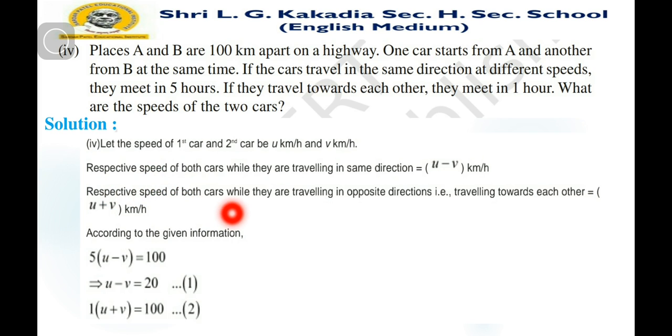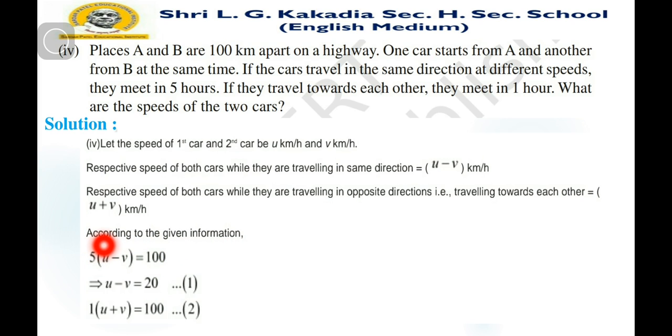Respective speed of both cars while traveling in opposite directions, that is, towards each other, is u plus v kilometers per hour, because they travel in different directions, so we take the addition, according to the given information.